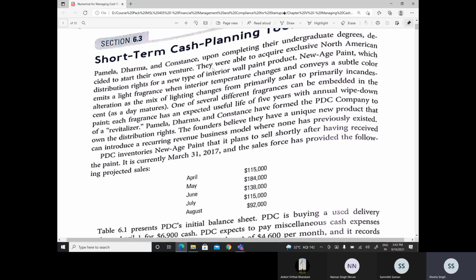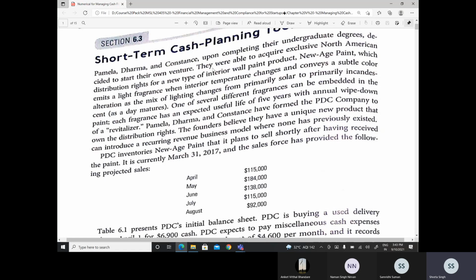So Pamela, Dharma, and Constance, upon completing their undergrad degrees, decided to start their own venture. They were able to acquire exclusive North American distribution rights for a new type of interior wall paint product called New Age paint, which emits a light fragrance when interior temperature changes and conveys a subtle color alteration as the mix of lighting changes from primarily solar to primarily incandescent as the day matures.